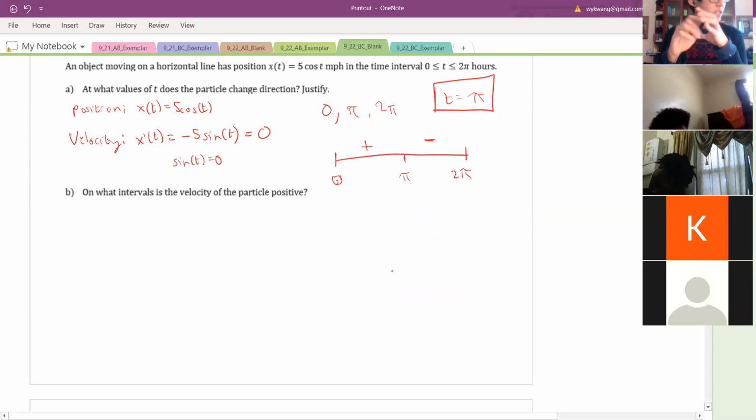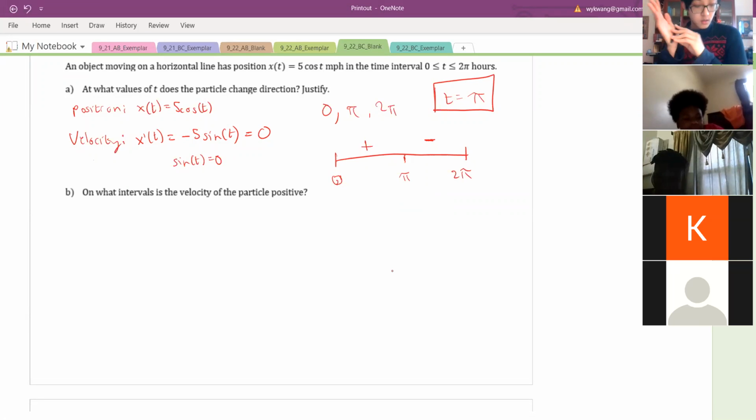So can I get an answer for part B? On what intervals is the velocity of the particle positive? You can tell this just directly by looking at our work for part A. Thanks, Damani.